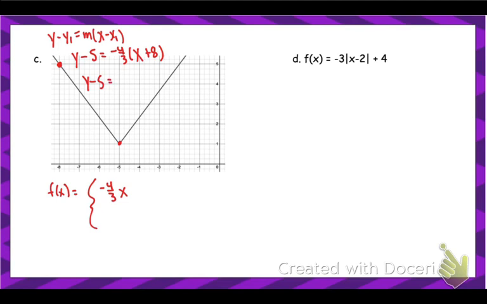So y minus 5 is equal to -4/3 x minus 32/3. So y is equal to -4/3 x minus 32/3 plus 15/3. So I end up with -4/3 x minus 17/3.